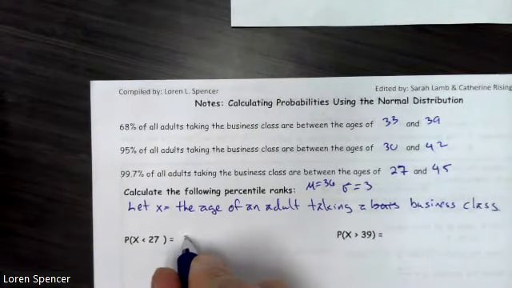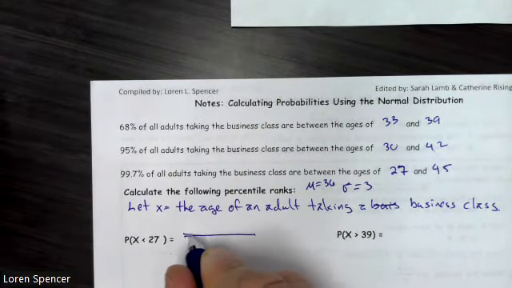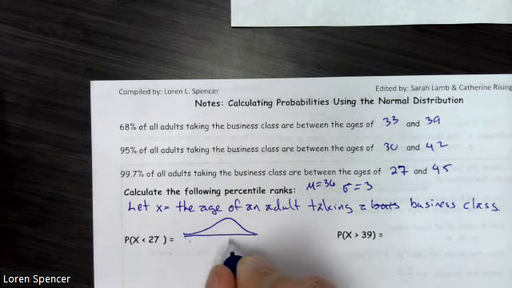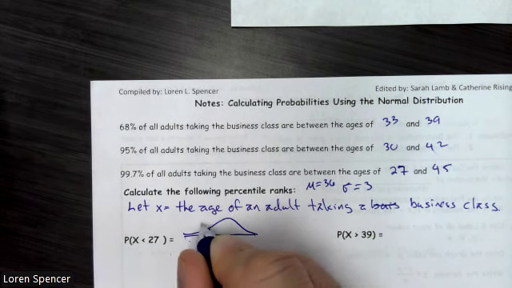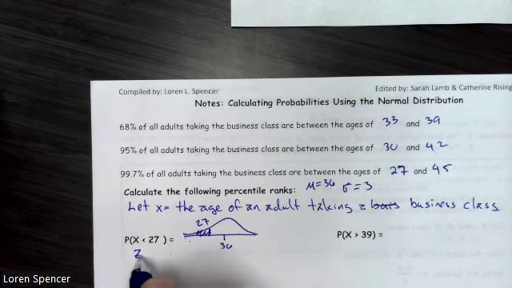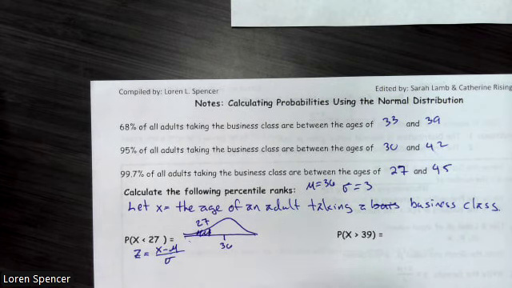Okay, so I'm going to draw my picture. We have a mean of 36. 27 is somewhere down here. And I'm going to write down my z-score formula, and I'm going to plug into it. All right?